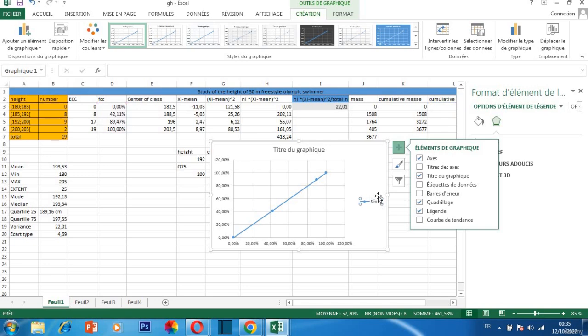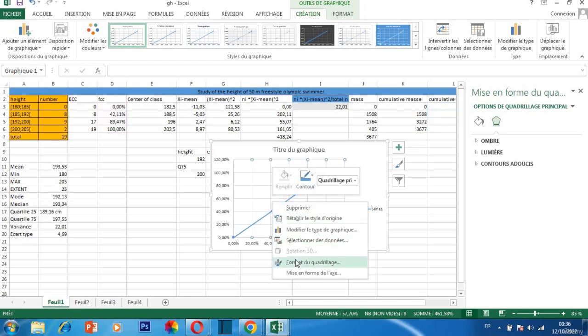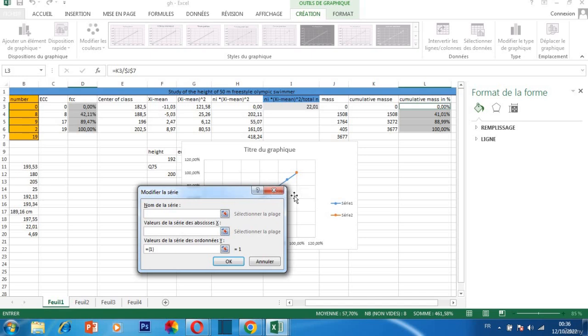So the legend here, we should have, we're going to add something here which is called the series, which is called the line.